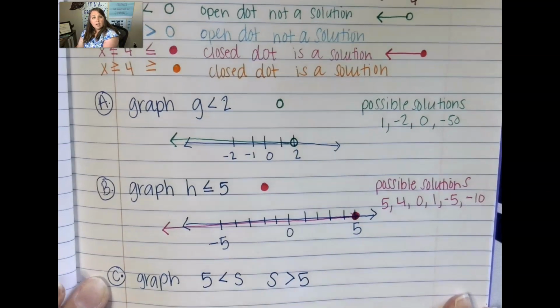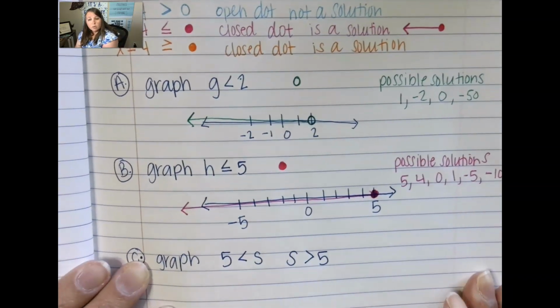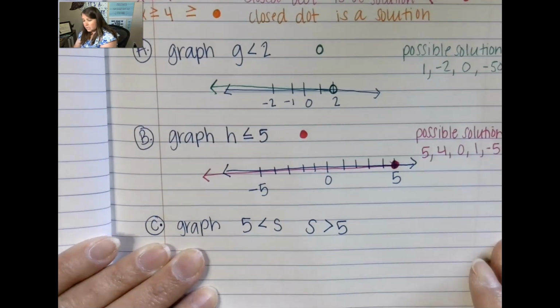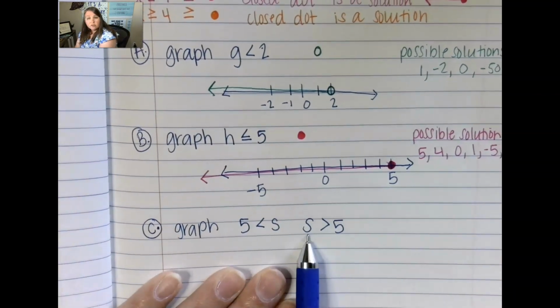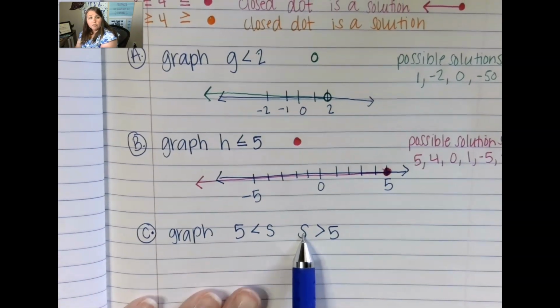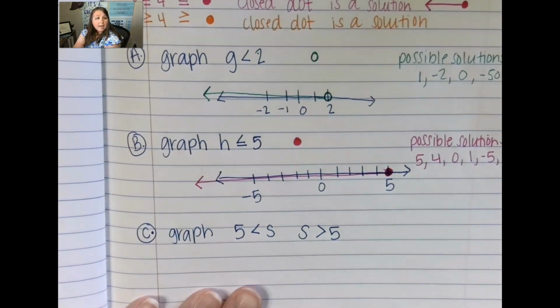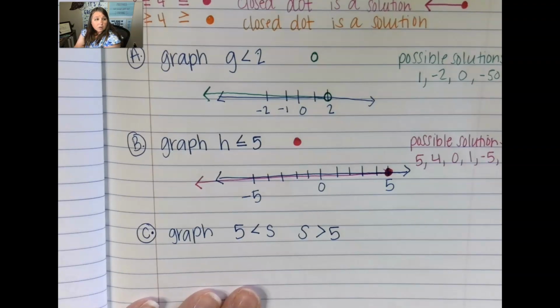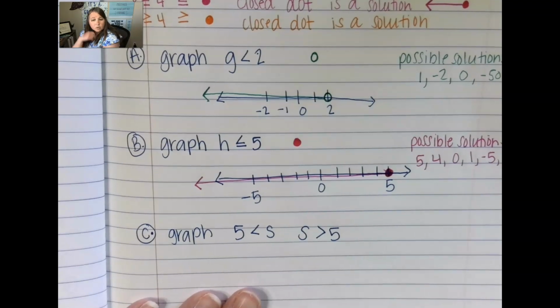So every time we want to make sure that we are graphing so that the inequality sign comes after the variable. So we want the variable to always come first. So in some of these, you might have to rewrite these so that that variable comes first.